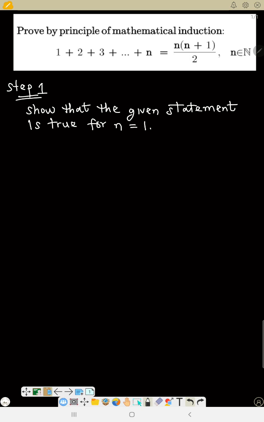So that is step 1. Show that the given statement is true for n is equal to 1.